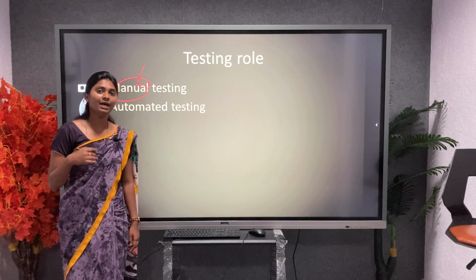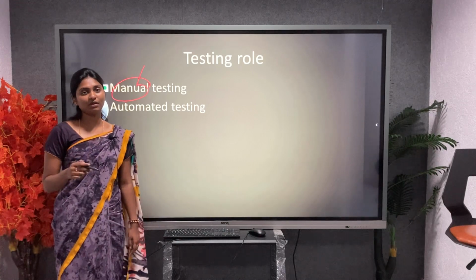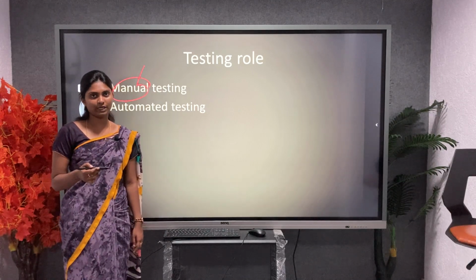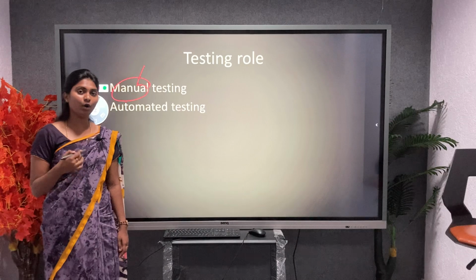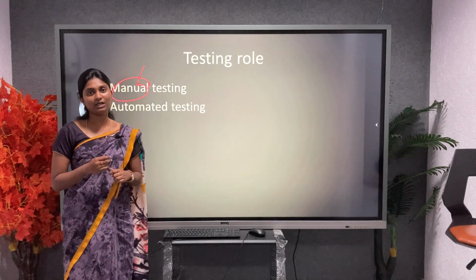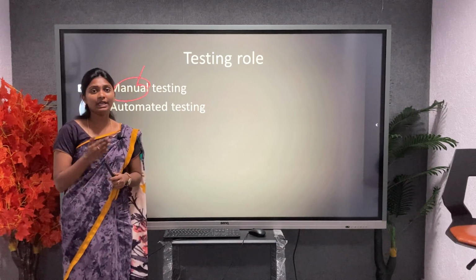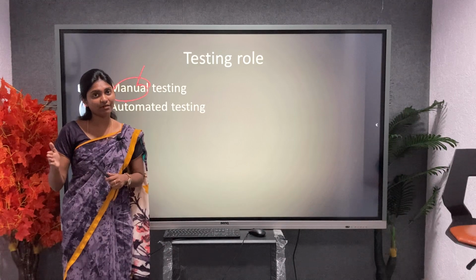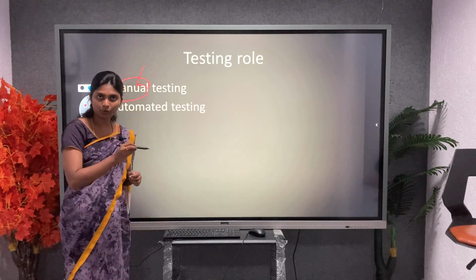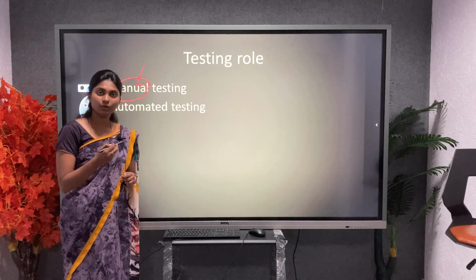In manual testing we define the different ways of testing used for each category and each and every state. It is a step-by-step process, and the user develops it from the beginning.